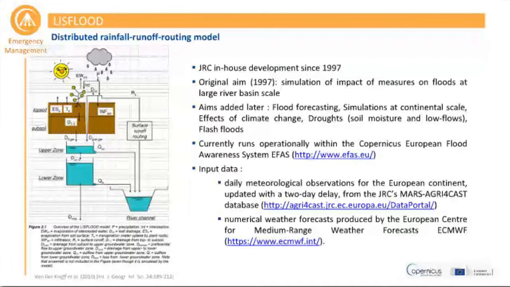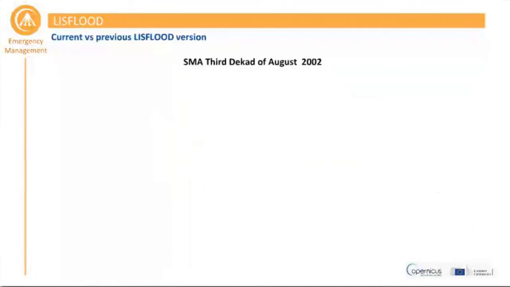The input data of the LISFLOOD model includes daily meteorological observations from the European continent, updated with a 2-day delay, which are obtained from the JRC MARS agri-forecast database, and which are extended for 7 days using numerical weather forecasts produced by the European Centre for Medium-Range Weather Forecasts, known as the ECMWF.